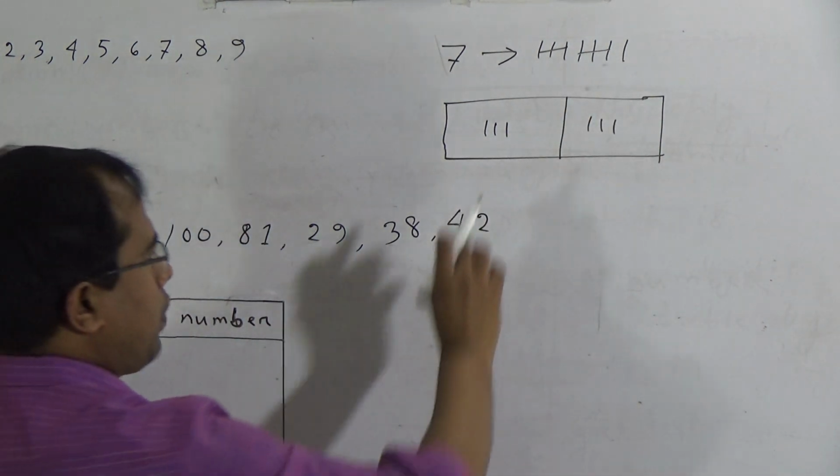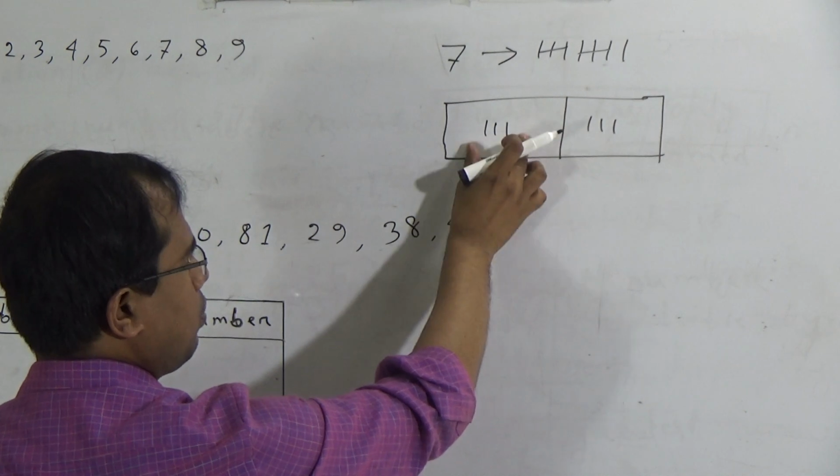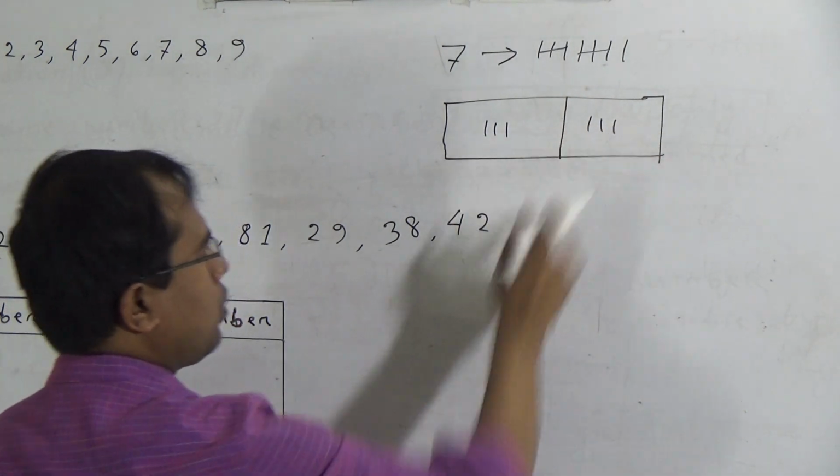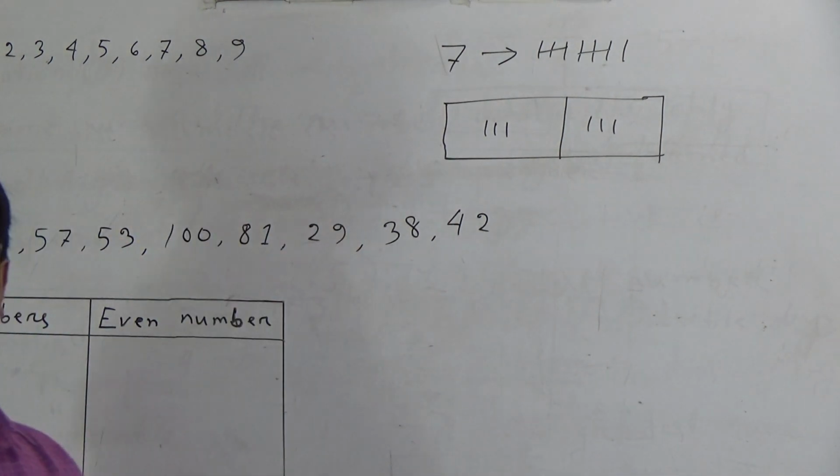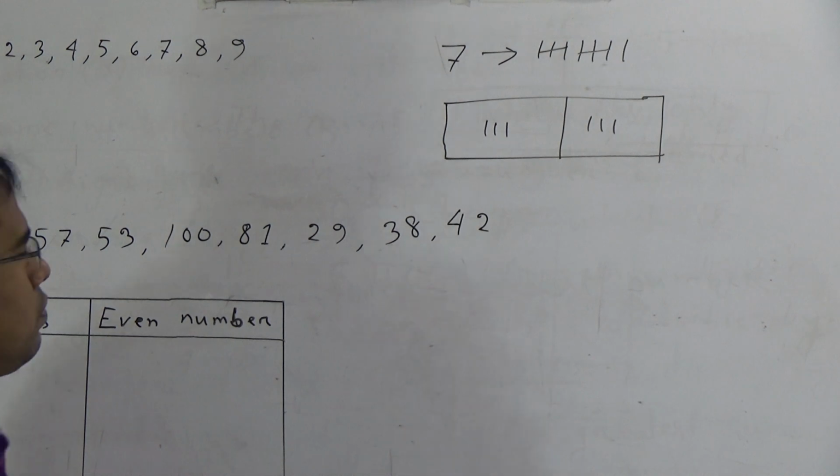If we place this stick here, then it will be greater. If we place it here, then it will be greater. That means we cannot divide 7 into two equal parts. So 7 is not an even digit. That means 7 is an odd digit.